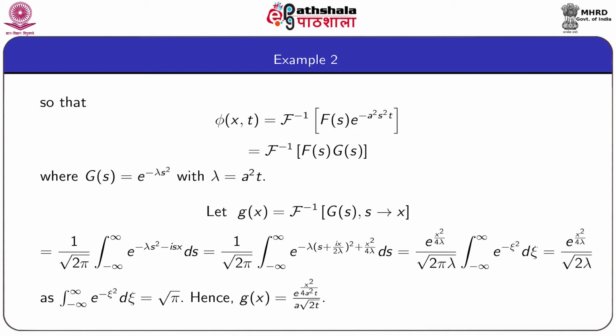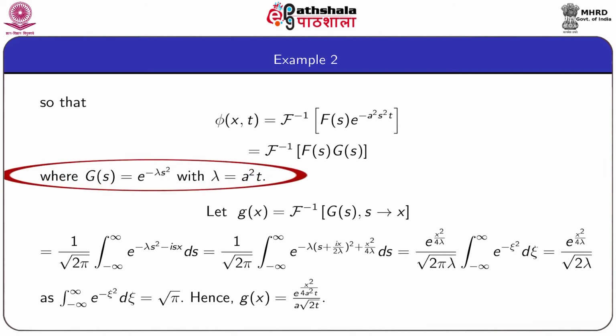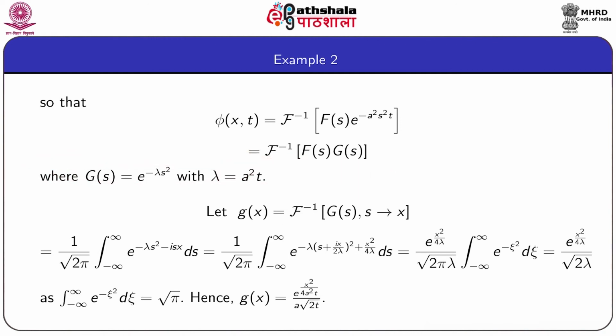This can be written as the Fourier inversion of capital Fs into capital Gs, where capital Gs is the Fourier transform of e to the power minus s square t, and we write capital Gs as e to the power minus lambda s square, where lambda is equal to a square t.